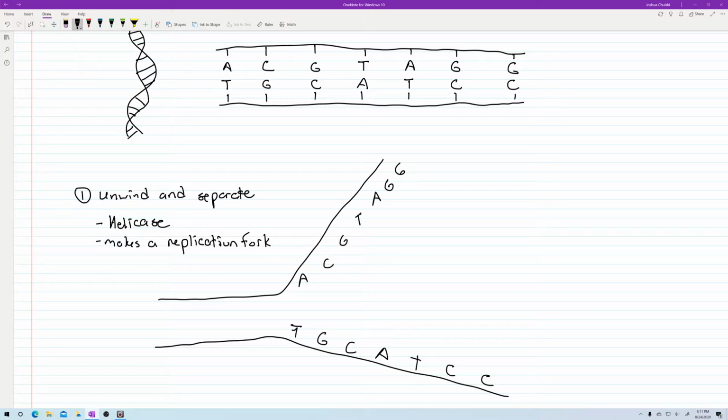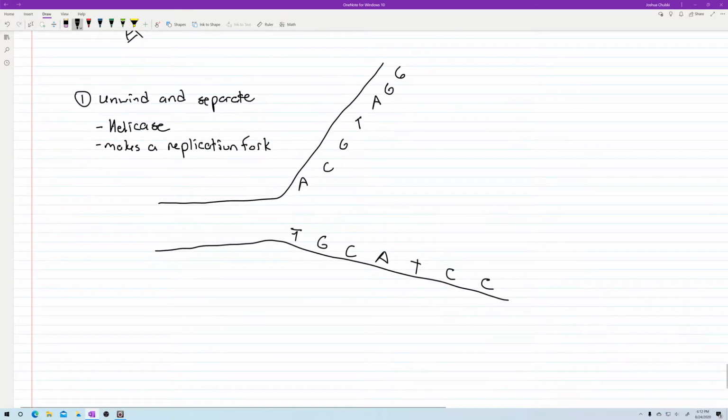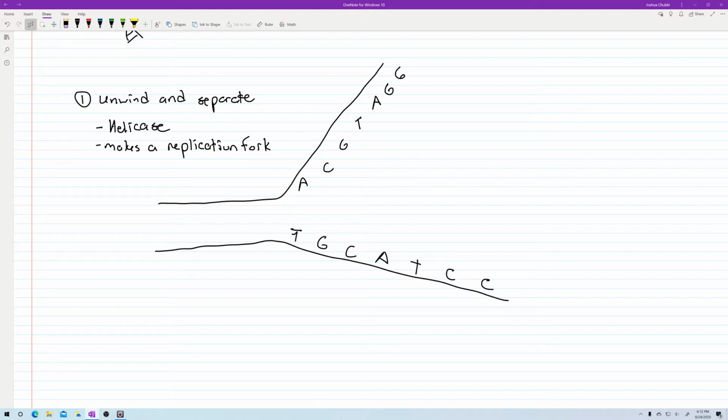Now, if you've done this before in biology, you know that there's this thing called a leading strand and a lagging strand. And I really don't think it's that important for this class to know that. Basically, we're going to go to the hallmarks, and just the big picture stuff. So then when we've got a replication fork, what we have to do is copy the DNA.